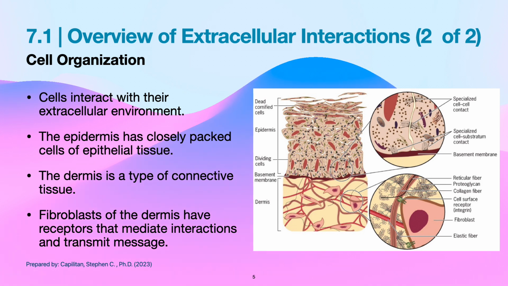The basal layer of epidermal cells also adheres to an underlying non-cellular layer called the basement membrane. You can also see your dermis, consisting largely of extracellular elements that interact with each other and with the surfaces of scattered cells, primarily fibroblasts. Your cells contain receptors that interact with the extracellular materials and transmit signals into the cell's interior.